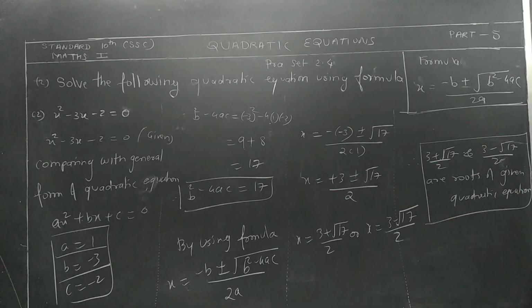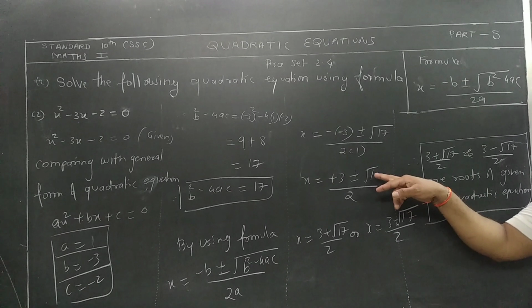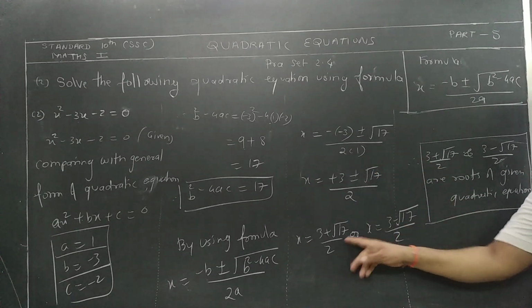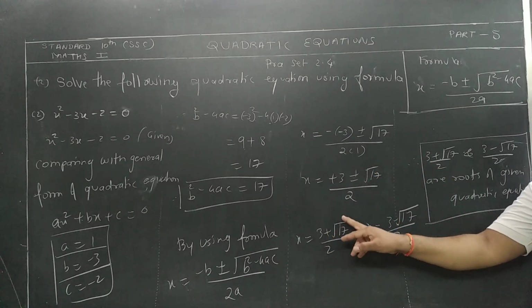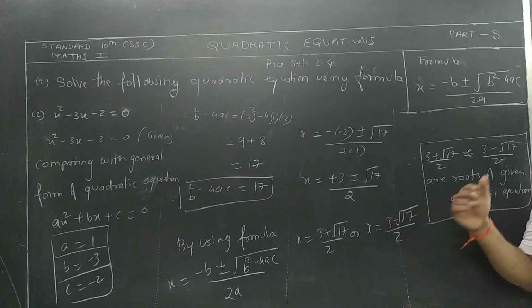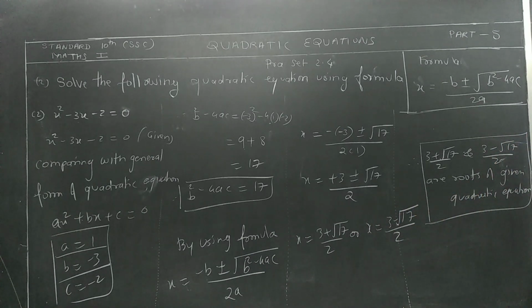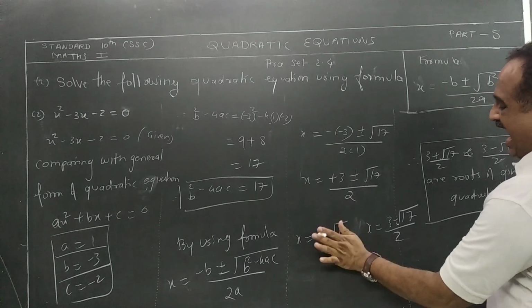Okay, got it now? Hope you understood, because 17 is not a perfect square, it will remain as it is, and the answer will be 3 plus root 17 upon 2, 3 minus root 17 upon 2. Go through the question once again if you want. Understand it properly, pause the video and comment on it. It is not or, it is and.